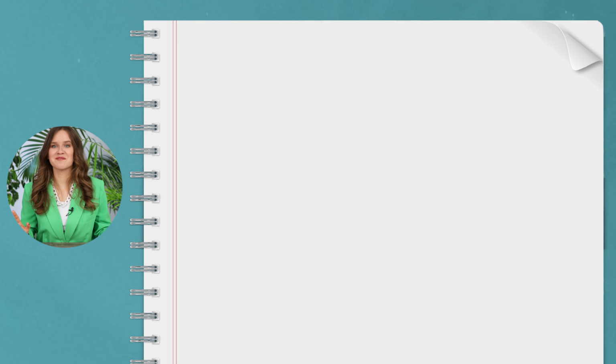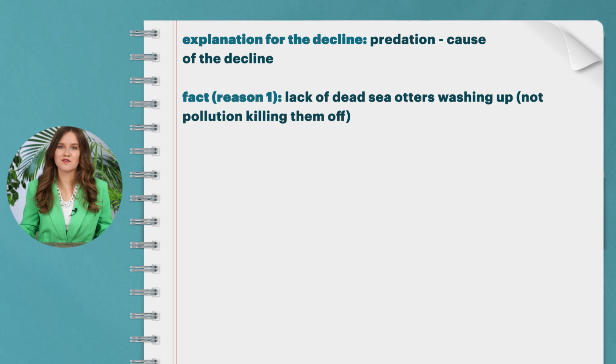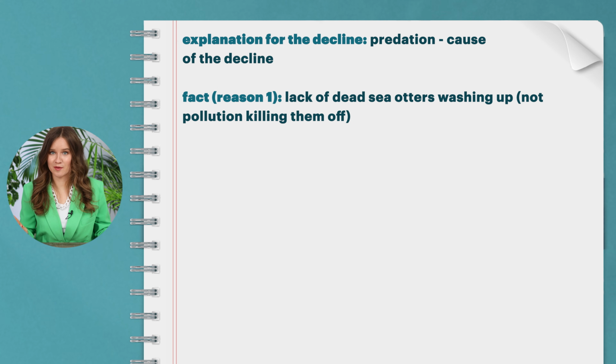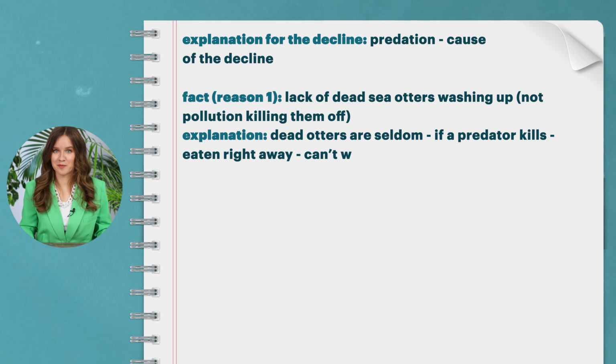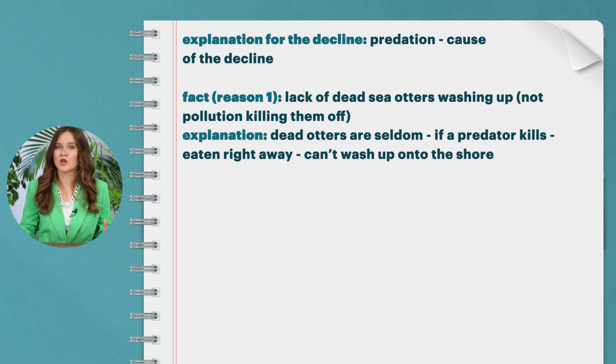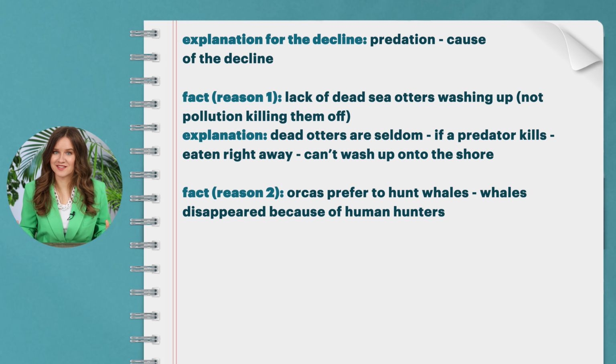All right, let me show you my notes. Explanation for the decline. Predation, cause of the decline. Fact, reason 1. Lack of dead sea otters washing up, not pollution killing them off. Explanation, dead otters are seldom, if a predator kills, eaten right away, can't wash up onto the shore. Fact, reason 2. Orcas prefer to hunt whales.